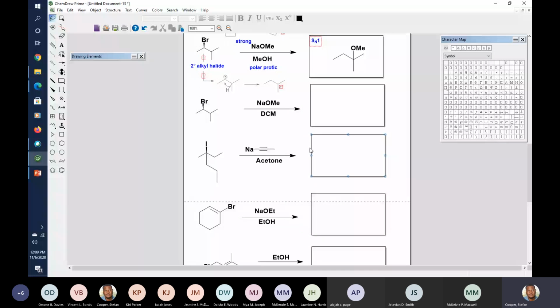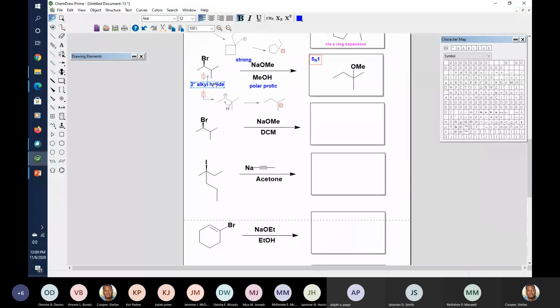All right, I got the same alkyl halide again this time. Also secondary, right? I also still have that strong nucleophile, but my solvent this time is what type of solvent? Polar aprotic solvent, right? So now I'm forcing the reaction conditions to stay what? As an SN2 reaction, right?